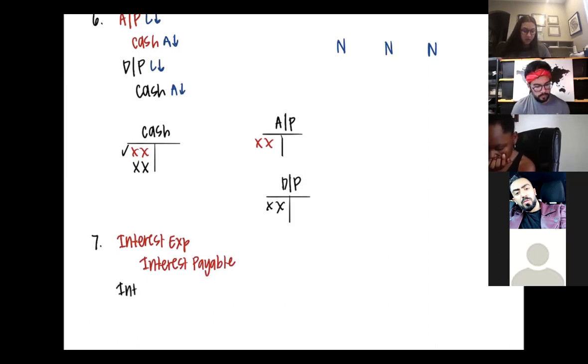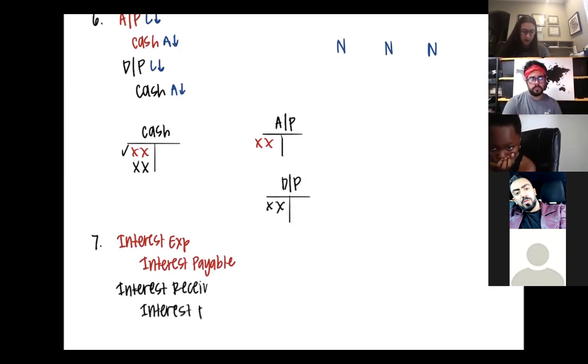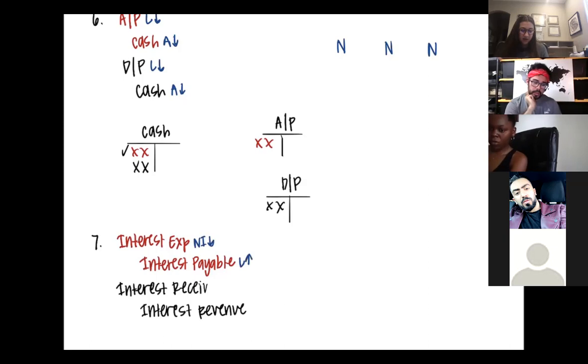And so they should be receiving interest and recording that as revenue. They're not paying anything, they're earning this money. So this lowers your net income because it's an expense. This increases your liability because it's a payable. Receivable increases your assets, and a revenue increases your net income.